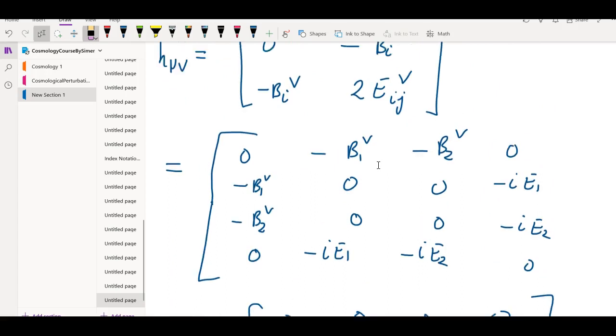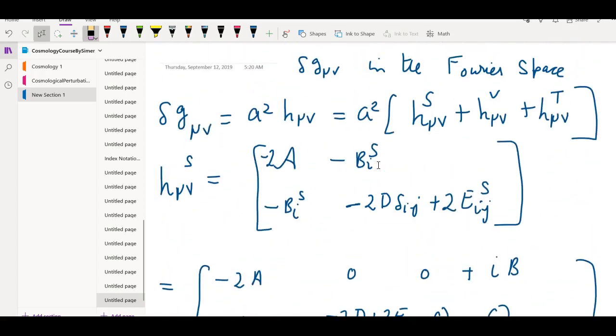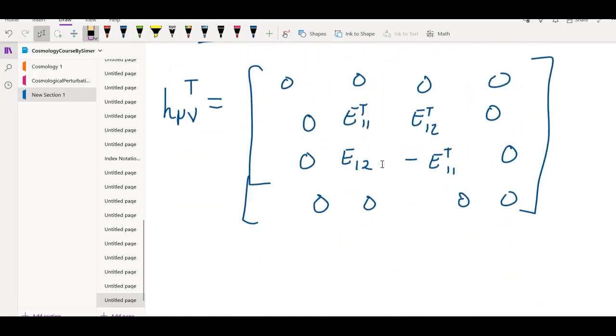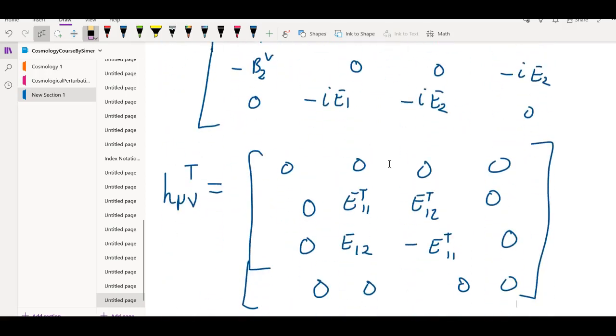And here again we have 2eij. Yes, so this will be 2 here. 2, 2, 2, and 2.